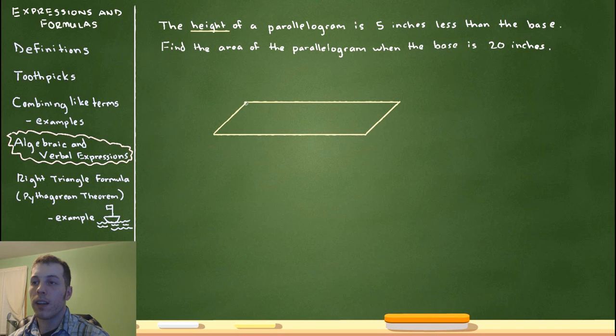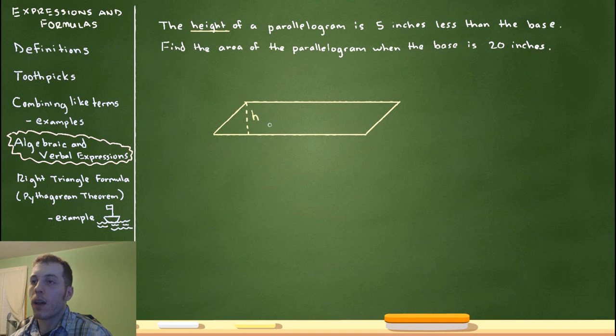You need to recall that the height is going to be from here to here. Really, you could draw it anywhere you'd like: from the top base, draw a perpendicular line down to the bottom base. That's going to be the height. Typically, when I draw the height of a parallelogram, I draw it over in this corner. But really, anywhere from the top to the bottom will be the height. Okay, so this is the height.